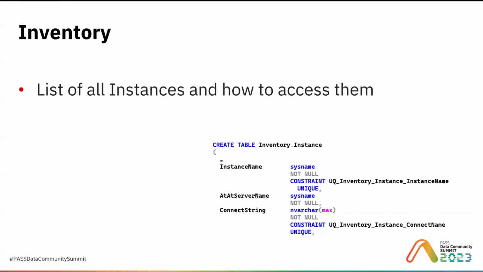And then the third one: I usually store a connect string that gives me the ability to put in some port restrictions or special settings to access an instance. When I refer to the instance, I use the instance name when I set up configuration or something else. But when I actually try to connect to the machine, I use the connect string.